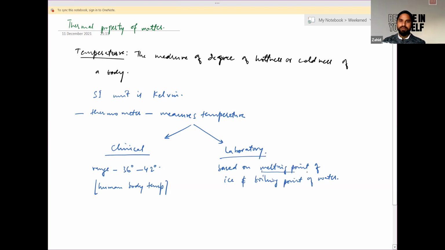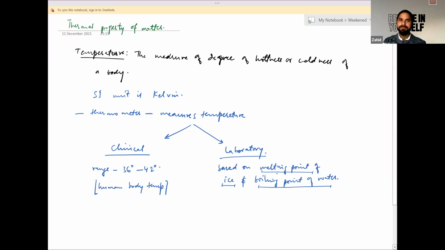First is the lower value, the melting point of ice, and the upper value or range of this thermometer is the boiling point. So on the basis of these two basic parameters, we can relate the temperature of a particular quantity to its hotness or its coldness.